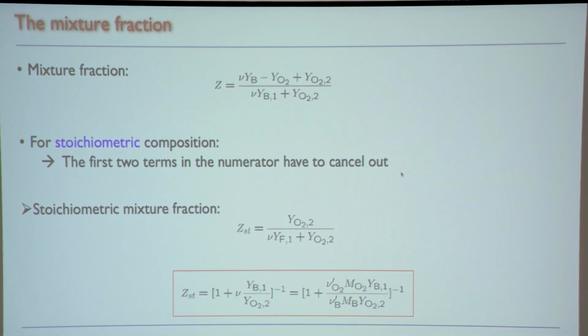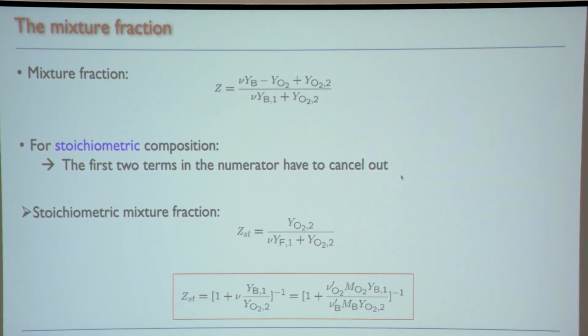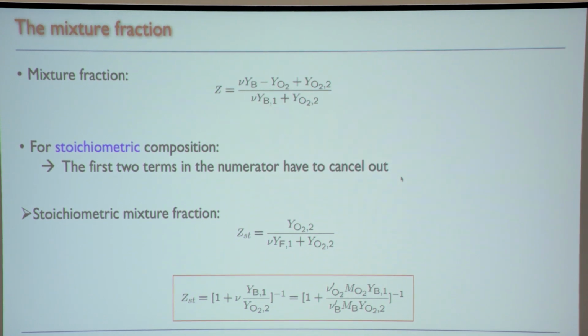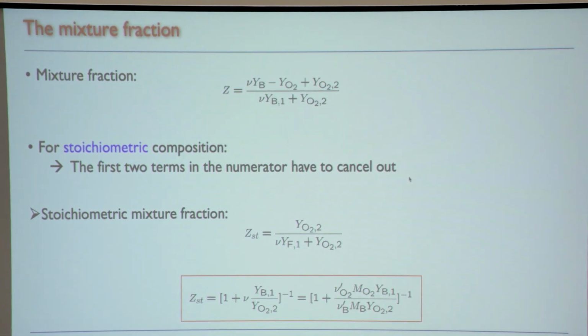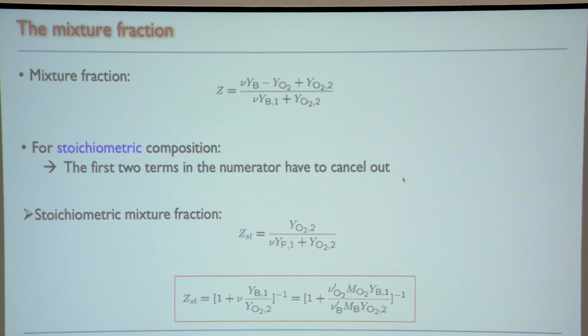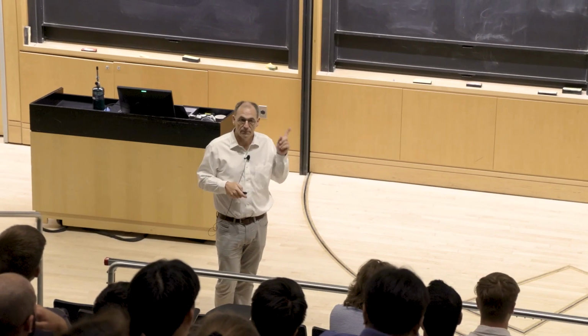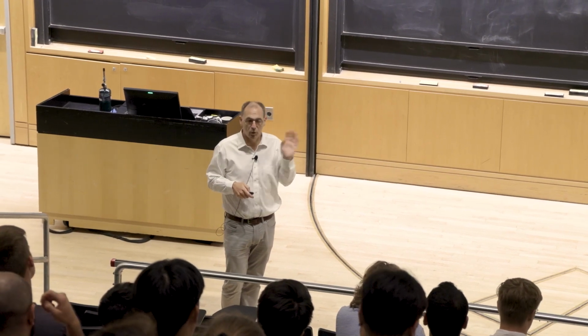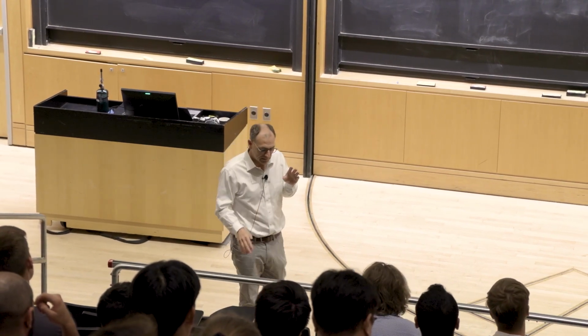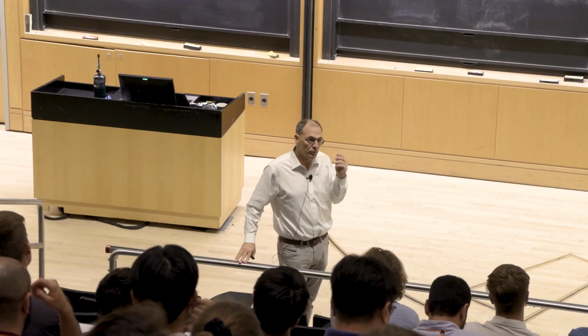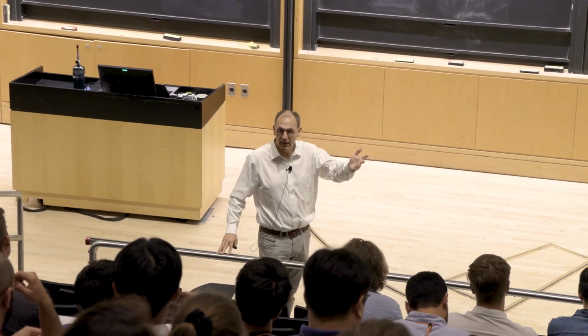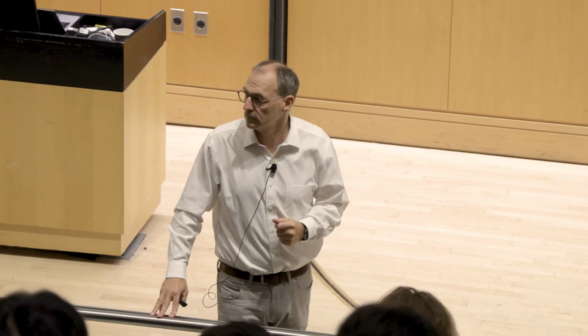And the typical value of stoichiometric mixture fraction, that's again the mass between fuel and air at stoichiometric conditions, for methane is 0.05 or 0.055. But let's say 0.05, which means you need 20 times the mass of air than the mass of fuel, okay?